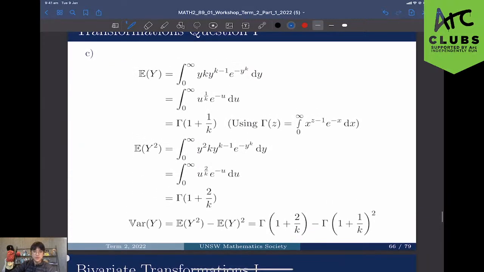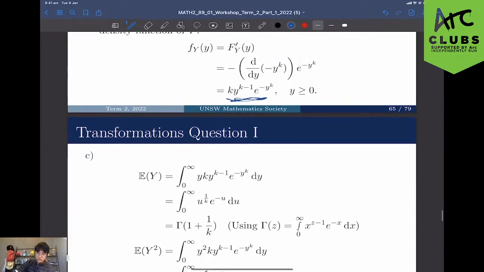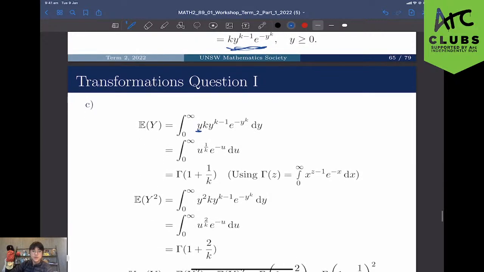And the last bit: since we have the density function of Y, to find the expectation of Y, we just add a y to its density function and calculate the integral over its domain.